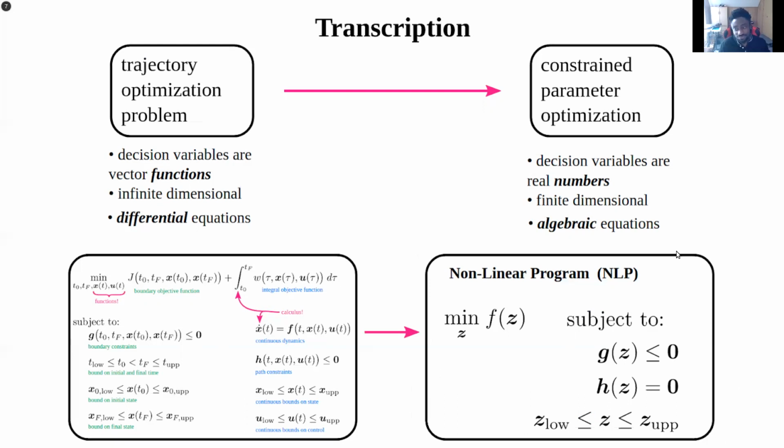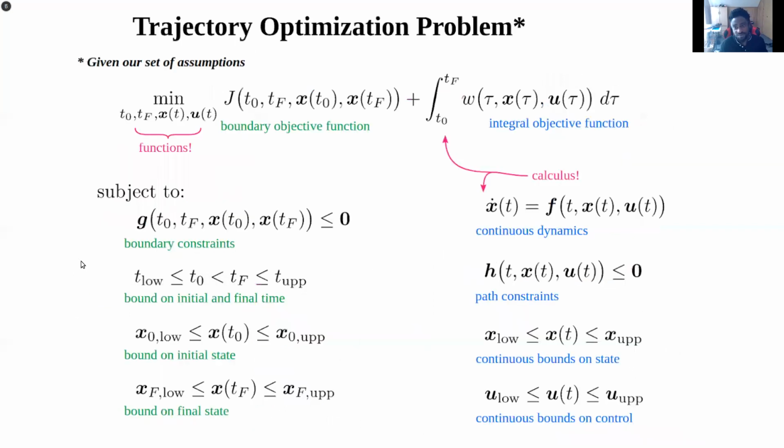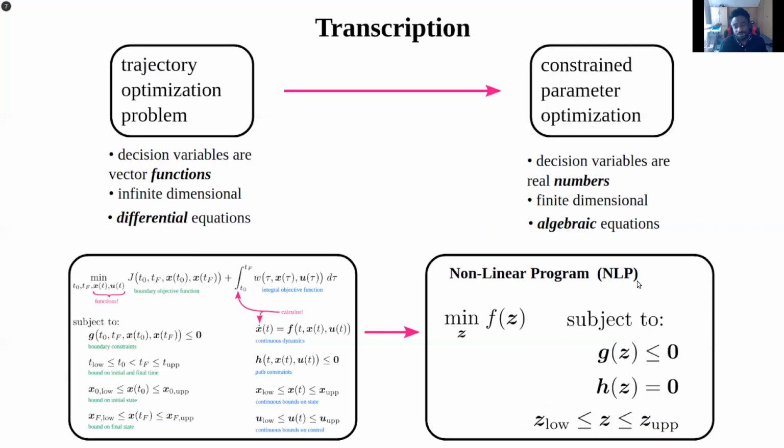Most of trajectory optimization is basically coming up with ways of converting the optimization problem we specified here into a nonlinear program that can be solved by an NLP solver. And there are lots of ways of doing that.